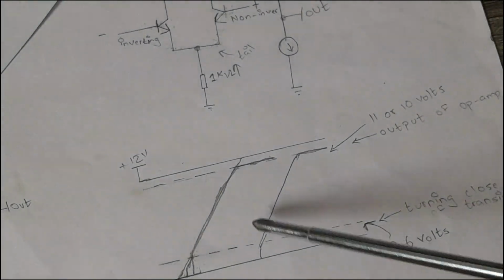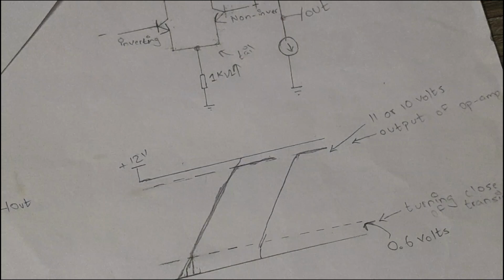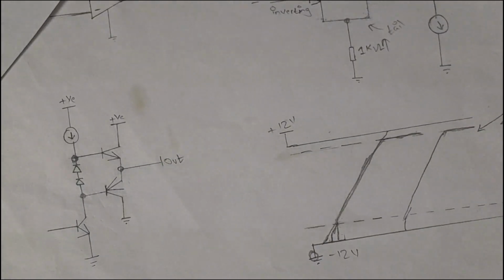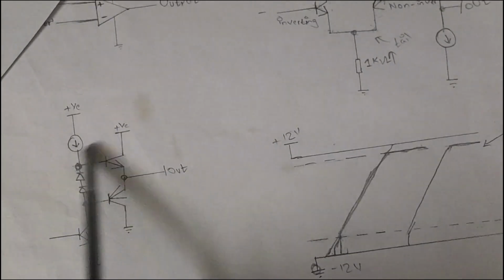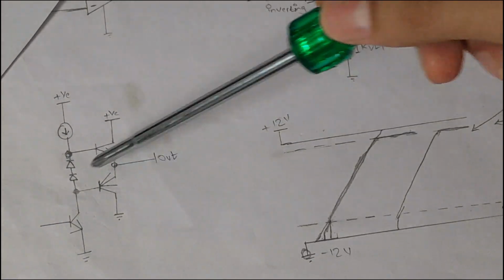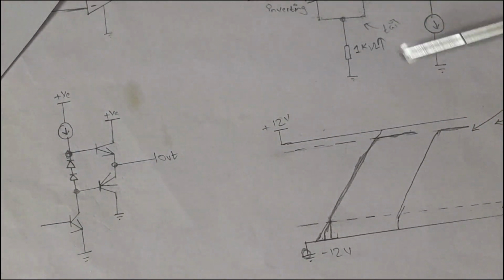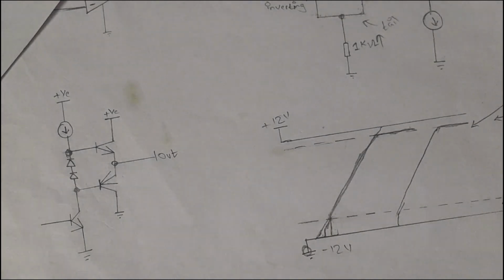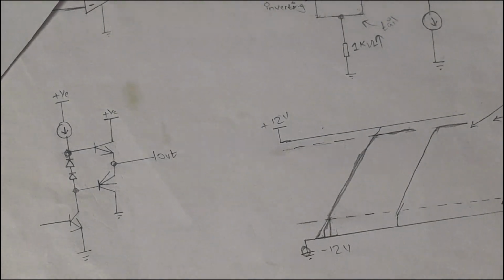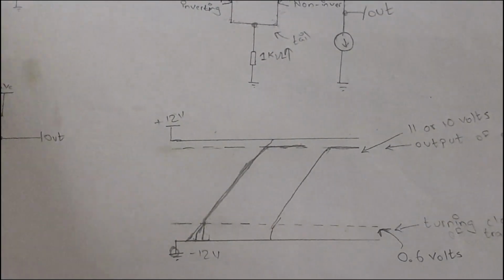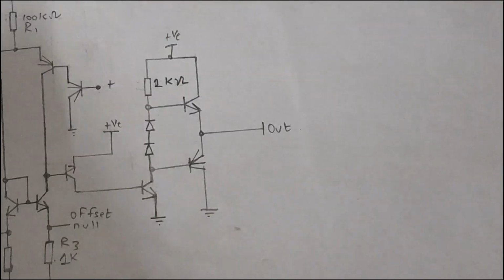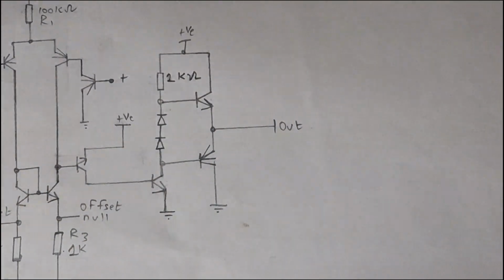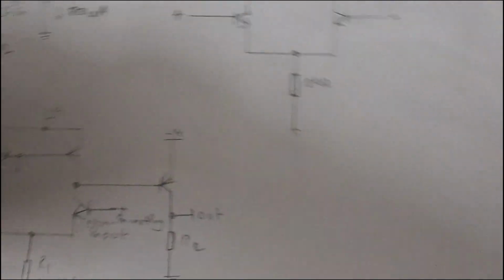So that's the output graph of the amplifier. And of course we can modify the circuit, and we can make an amplifier which can actually touch the supply voltage rail, and then it will be called a rail-to-rail voltage op amp. So that's the basics of the op amp, basic circuits using transistors.